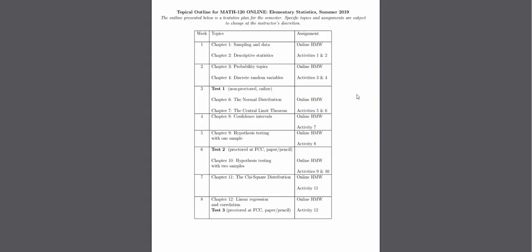Then tests 2 and 3 will be proctored at FCC, and you will have a week or so. Usually I'll give students a week, Thursday through Thursday, because that's what our week goes in the summer. You will have that many days to come to FCC and take the test.